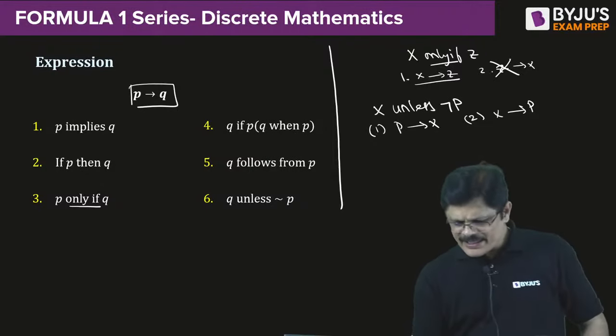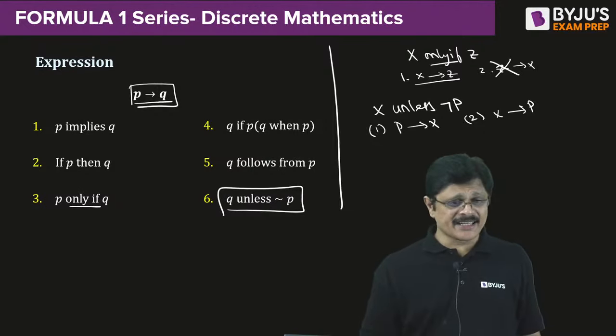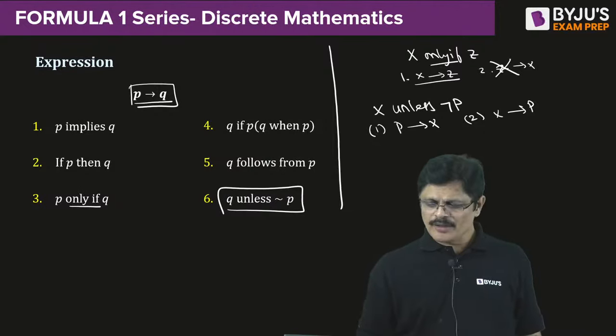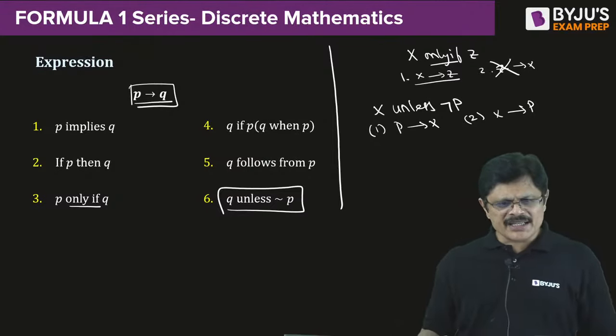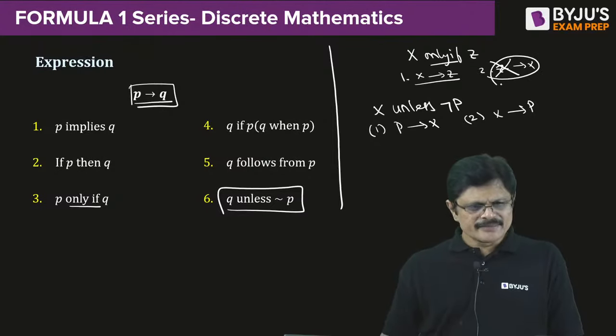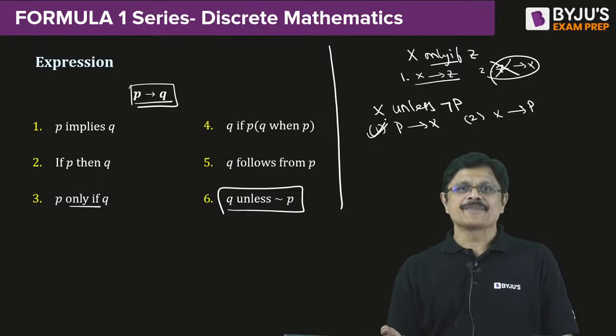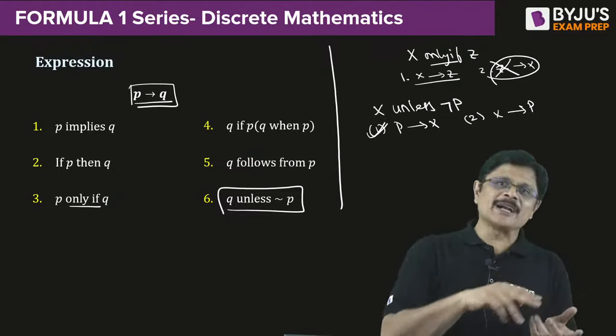So, that's it. When it is P implies Q in this particular form, this is another way of expressing it. Nishu Kumar, P implies X is correct. So practice this way: write this expression, and convert it back.